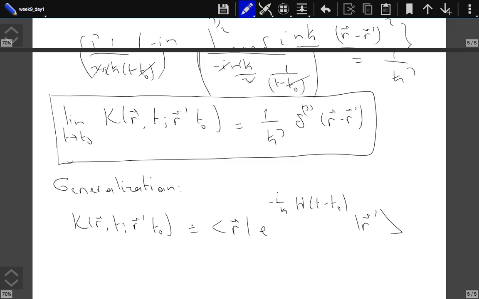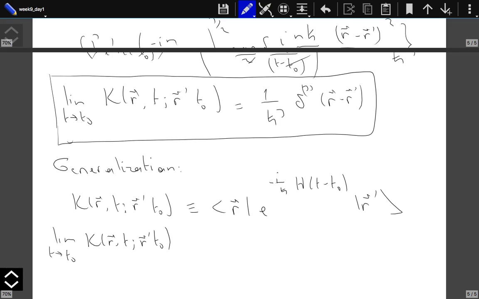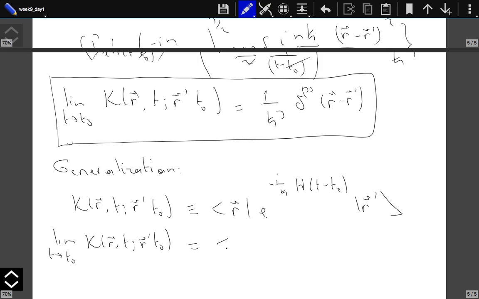This is how we define it for any system. Now we can take the limit as t goes to t0 of K. This is equal to <r|r prime>. Now e^(-iH(t - t0)/ħ) just becomes 1. But by definition, this is just the Dirac delta function.